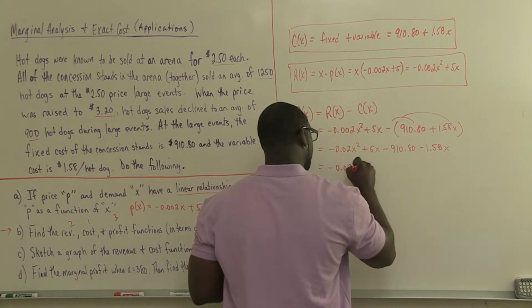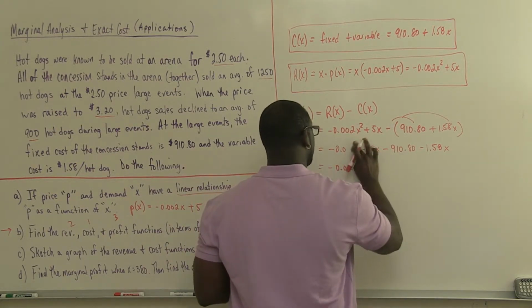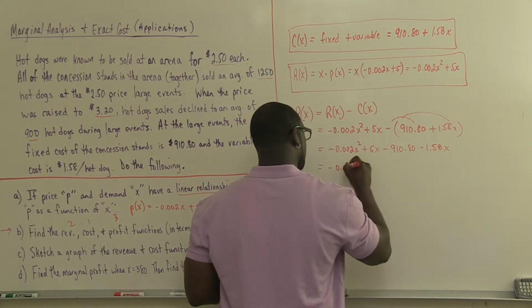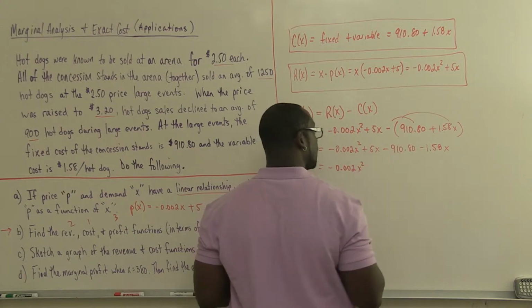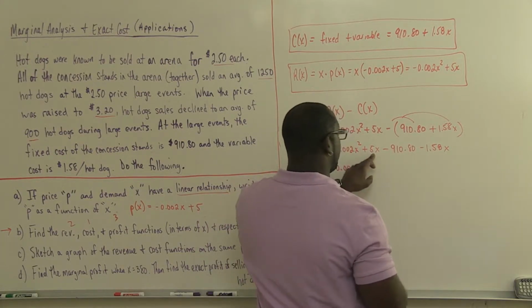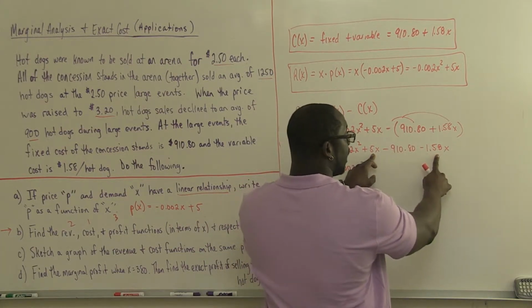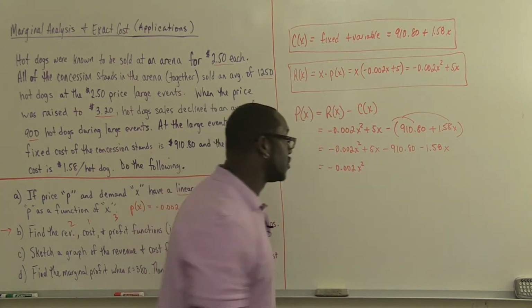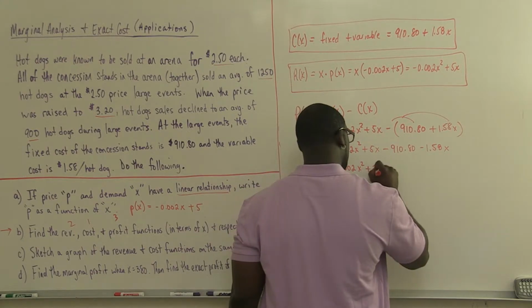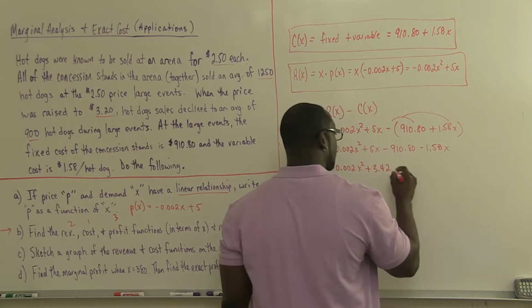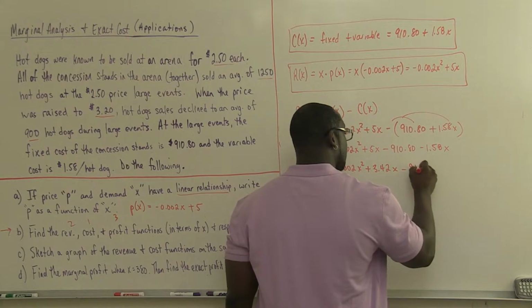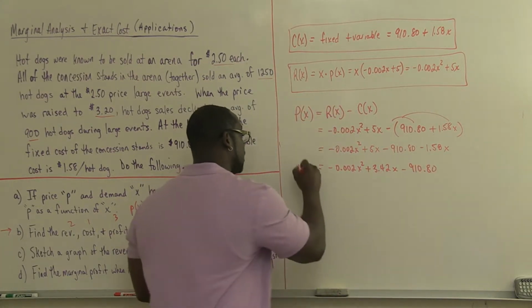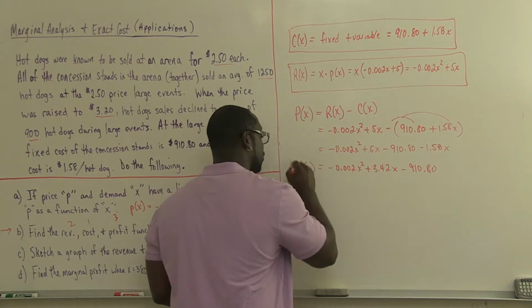So we have 5x minus $1.58x. So that should end up giving us $3.42x minus 910.8. And so this would be our profit function.